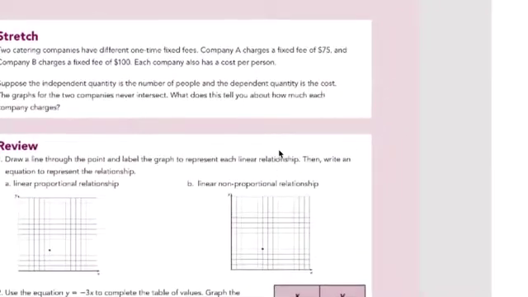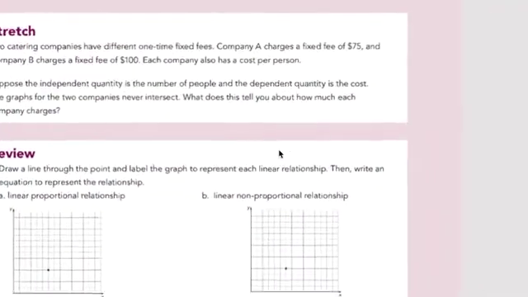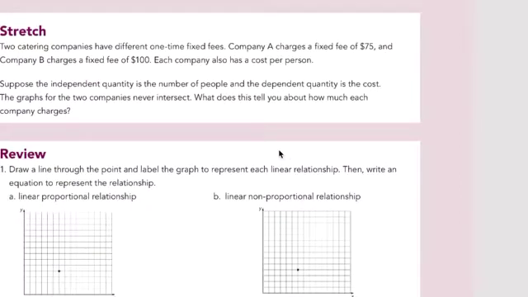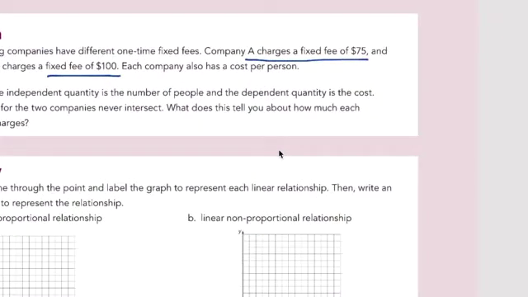Two catering companies have different one-time fixed fees. Company A charges $75. Company B charges a $100 fixed fee. So it's a fixed fee, whatever it is, we add 75. I'm annotating.